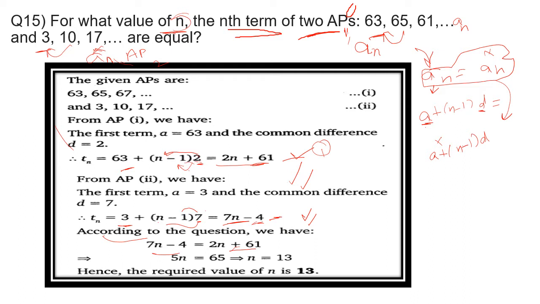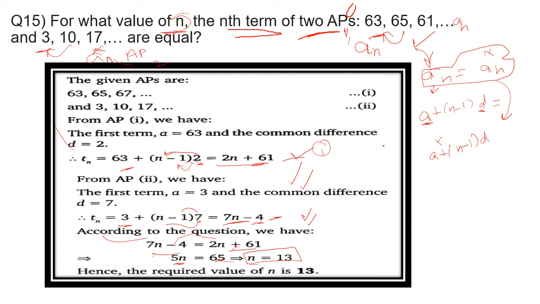After putting them equal, you shift the variable part to either side, left or right, wherever you want, and then you get the result like this. 7n minus 2n, that will be 5n, and 61 plus 4, that will be 65. 5 will divide 65, so n will be equal to 13. So the 13th terms of both these APs will be equal to each other.